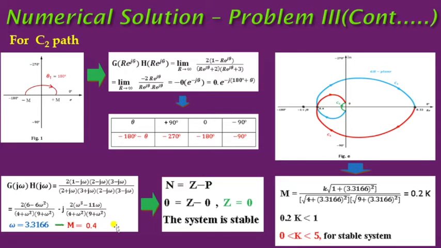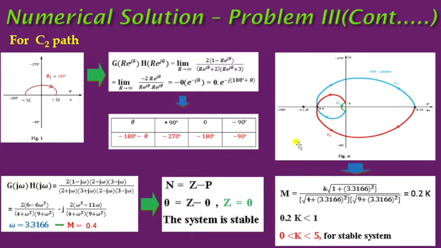Then calculate the magnitude. So this magnitude is 0.4. This magnitude 0.4 means the number of encirclement of minus 1 plus J0 point is 0. That means this point is outside of this closed contour.